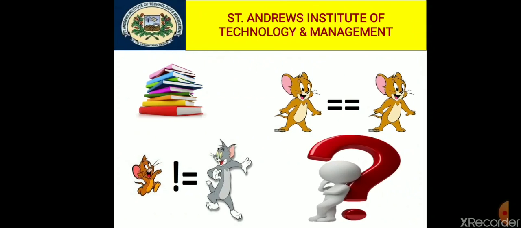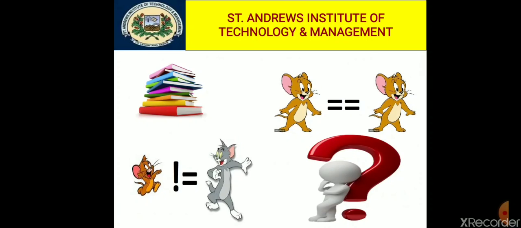In C, relational operators are binary operators and hence require two operands. The result is a logical value which can be either true or false. That means it returns 0 when the relation is false and returns 1 when it is true. In the given slides we have two examples.